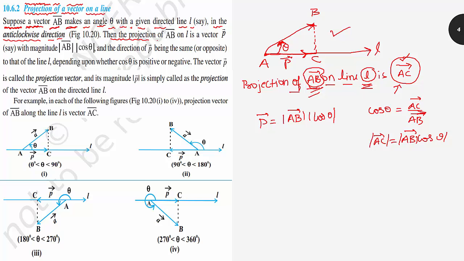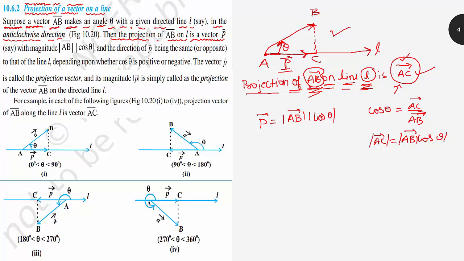Then the projection of AB on line L is a vector P, that is nothing but vector AC.